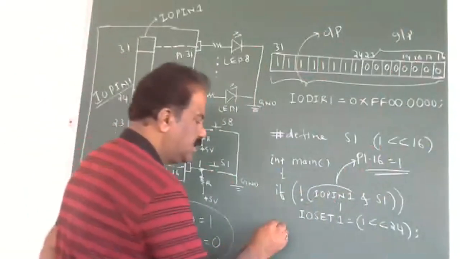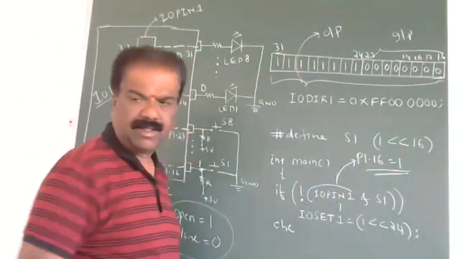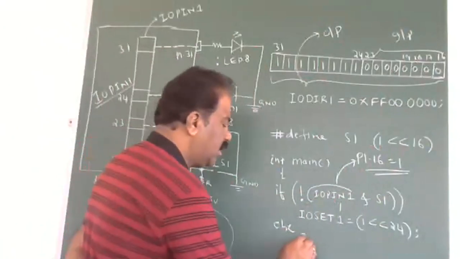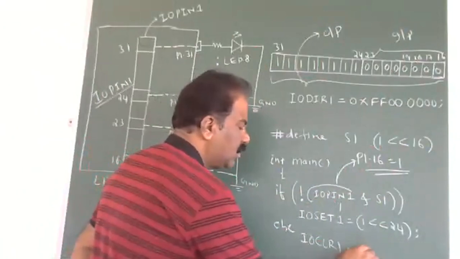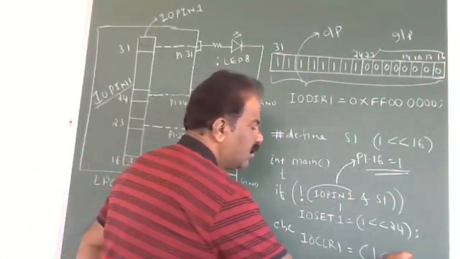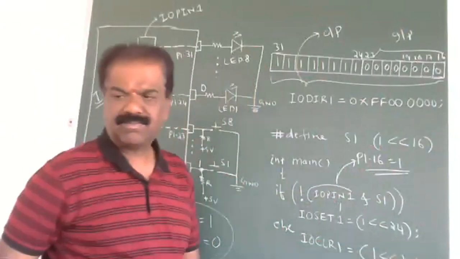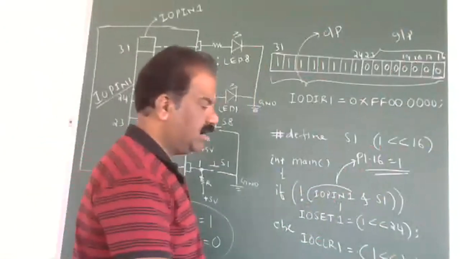Here in else, I am writing IO clear 1 equal to 1 shifted left by 24.